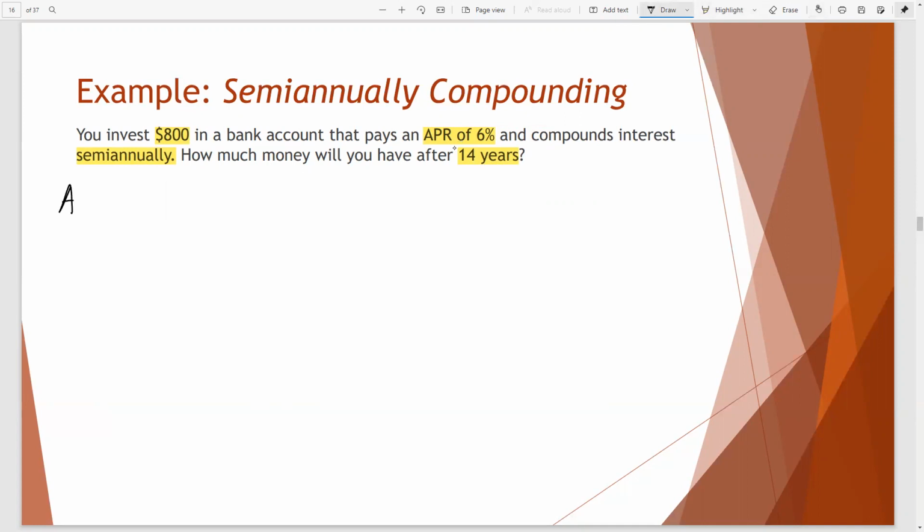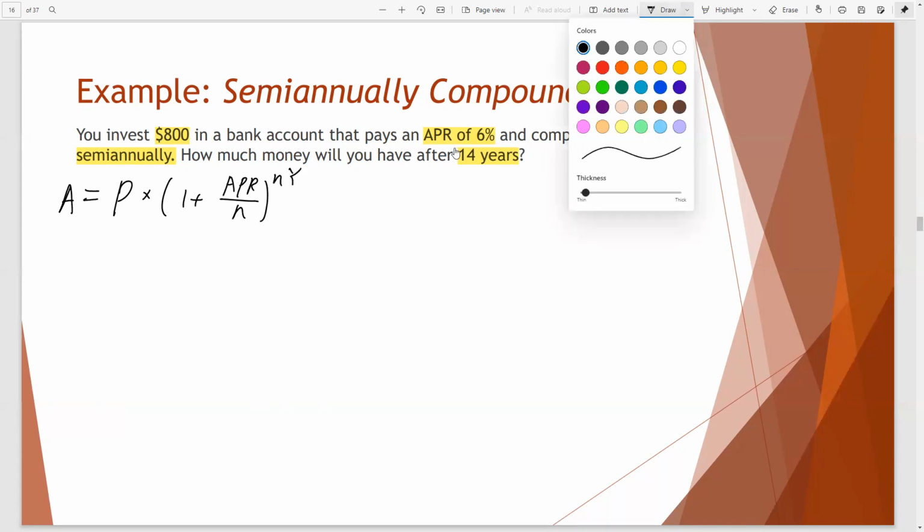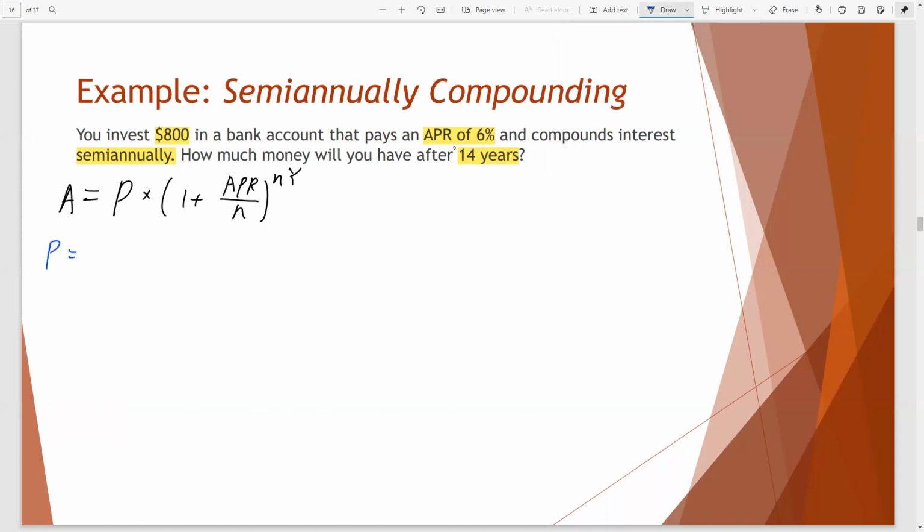So same formula: principal times 1 plus APR over n raised to the n times y, where the principal is $800, APR is 6%, and n is the number of times you get paid annually. It says compounds semi-annually, which means every year you get 2 payments.